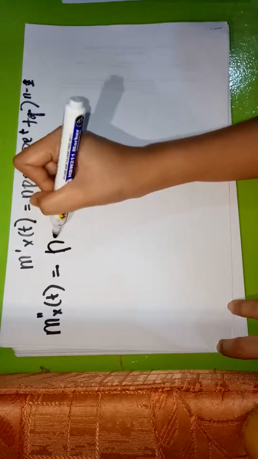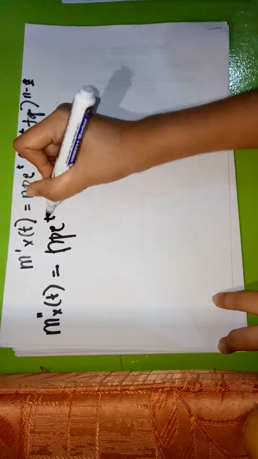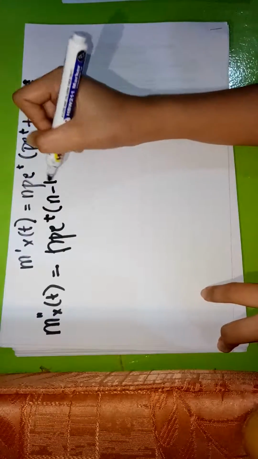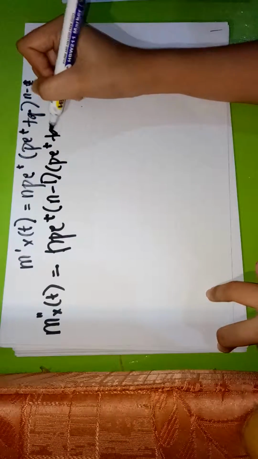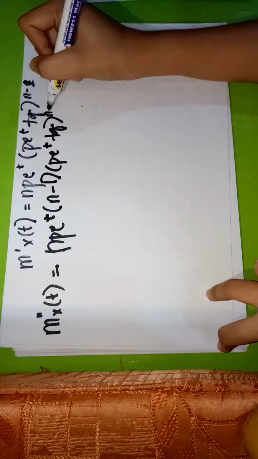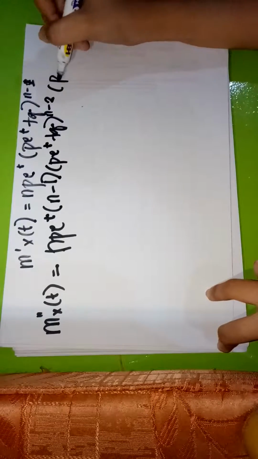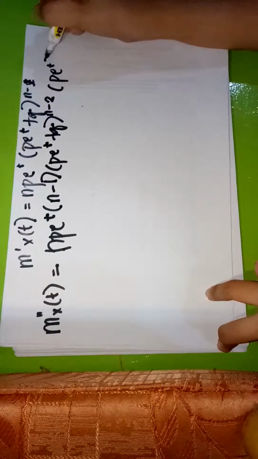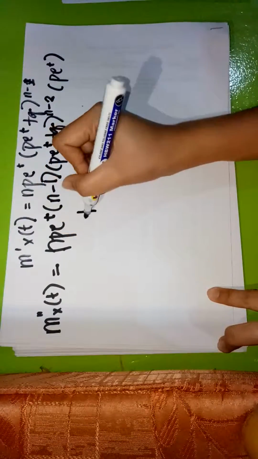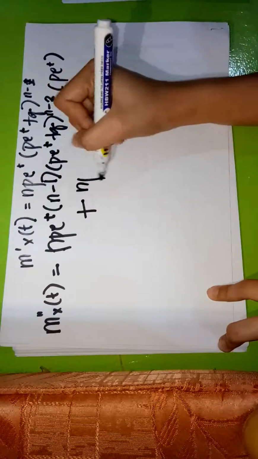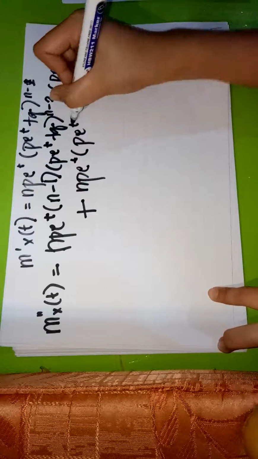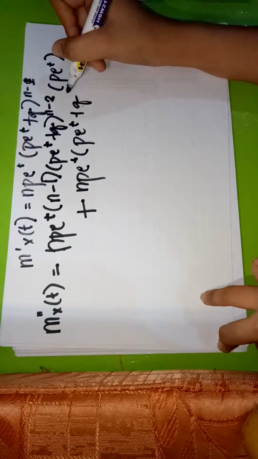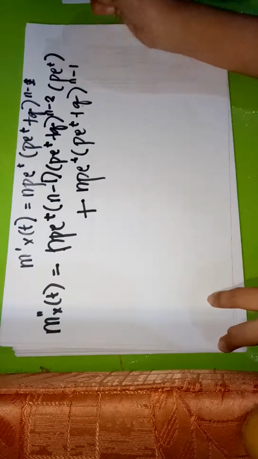So np e to the t times n minus 1 times quantity p e to the t plus q, to the power of n minus 2, times p e to the t, plus np e to the t times quantity p e to the t plus q, to the power of n minus 1.